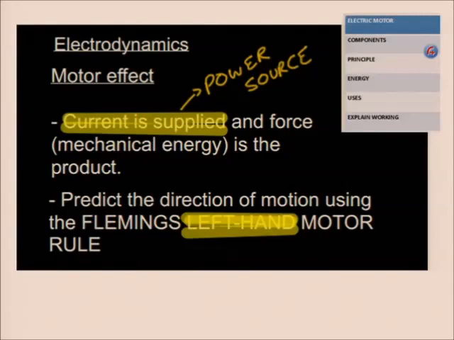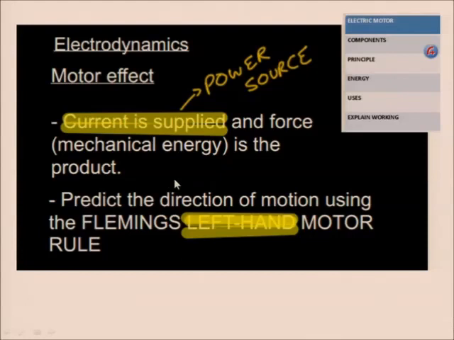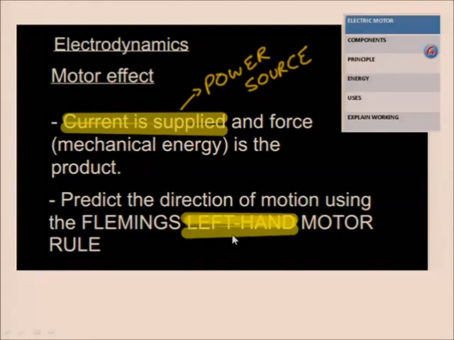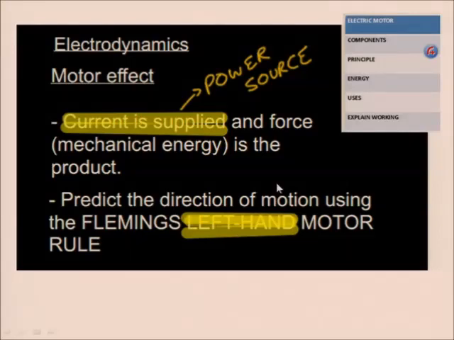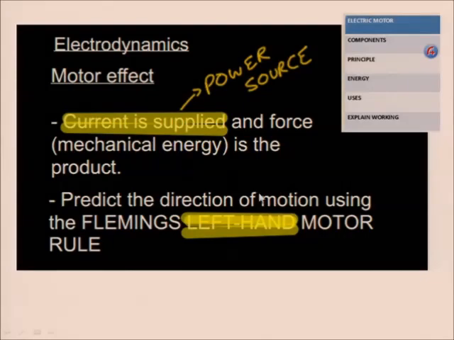All right. If we go then more into detail on the motor effect, the principle on which it is working. Current is supplied, and the force is the product. All right. What can we do now? We have a rule, Fleming's left-hand motor rule. With this rule, we can predict the direction of movement.